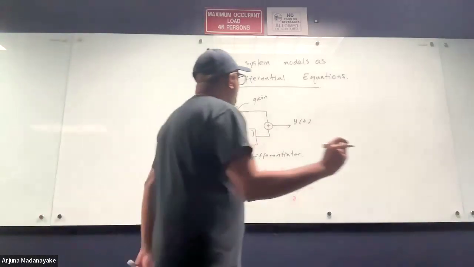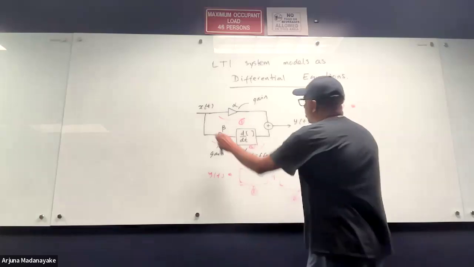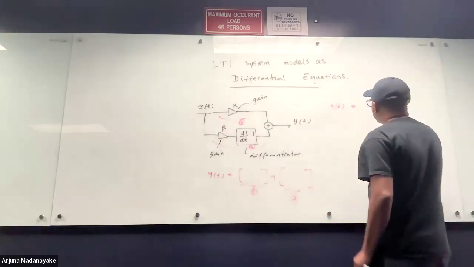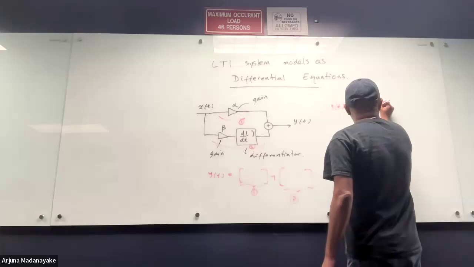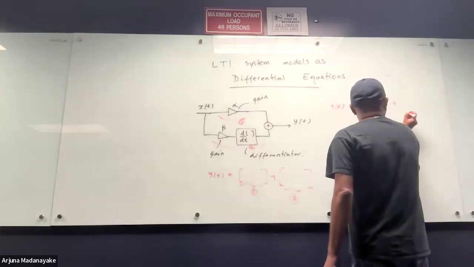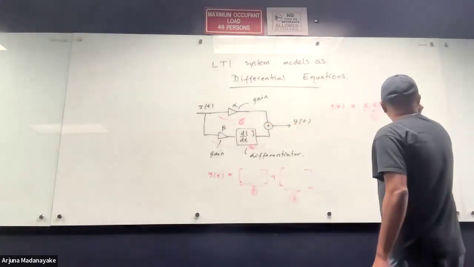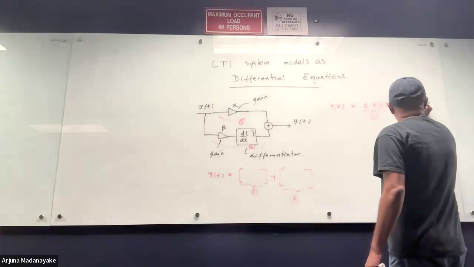So we can write down by inspection that y of t is equal to the contribution from the first branch, which is simply alpha x of t, plus the second one, which is simply beta times d over dt.